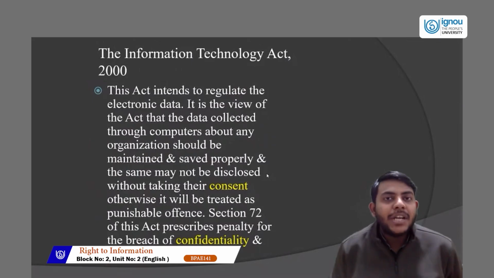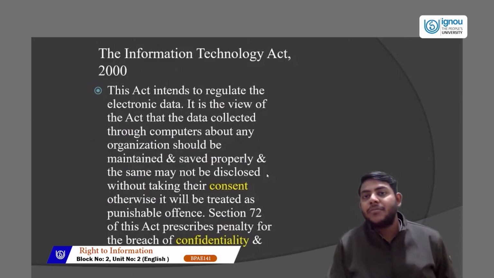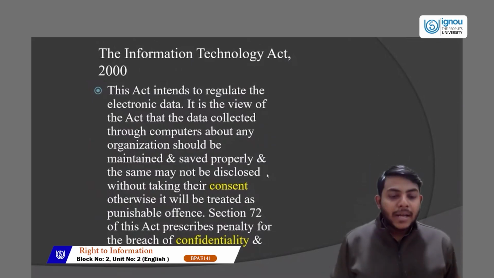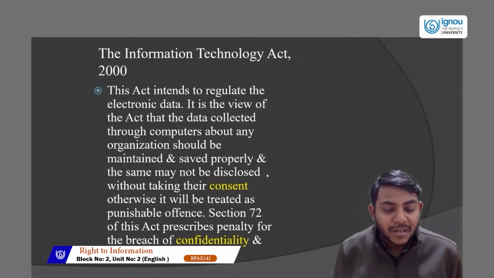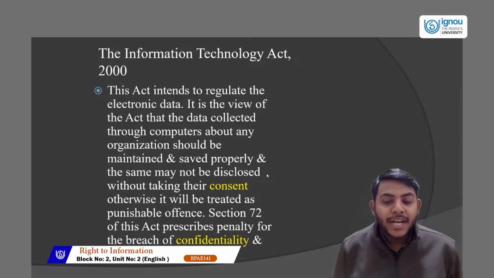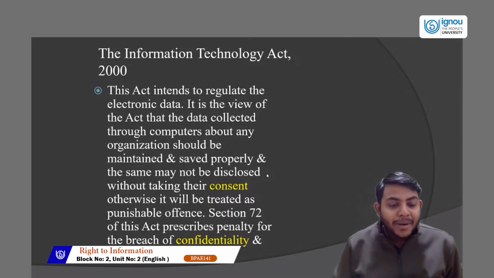So, Section 72 of this IT Act of 2000 prescribes penalty for the breach of confidentiality and privacy of data. Data confidentiality and data privacy is also a very important aspect.